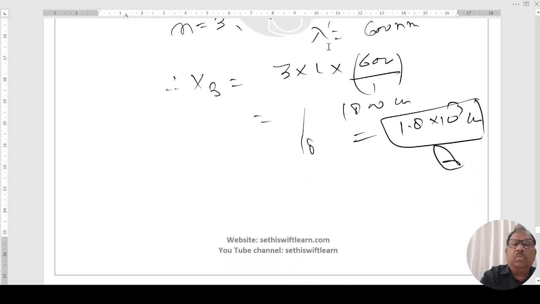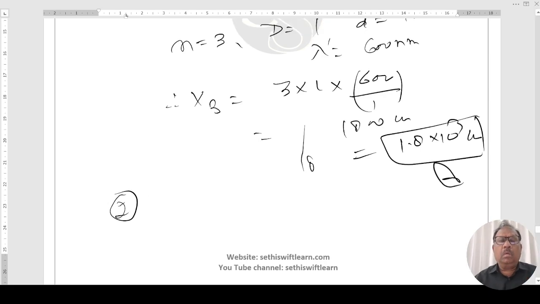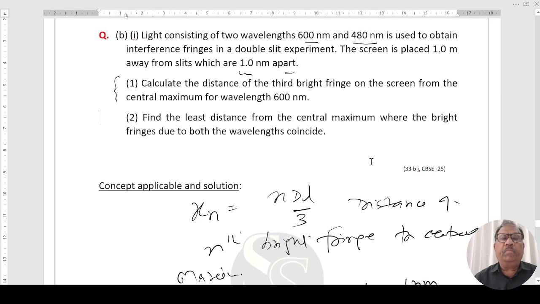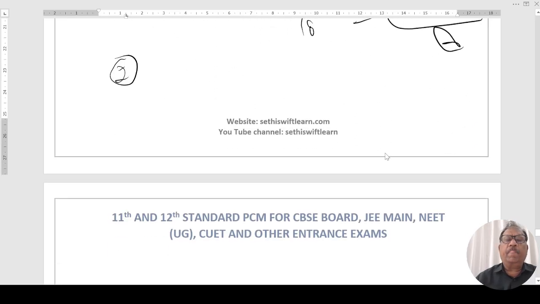Now part 2. Find the least distance from the central maxima where the bright fringes due to both the wavelengths coincide.